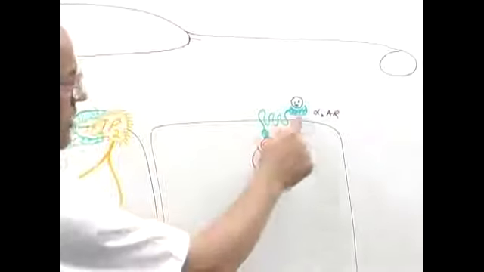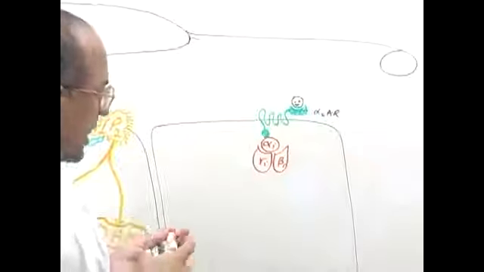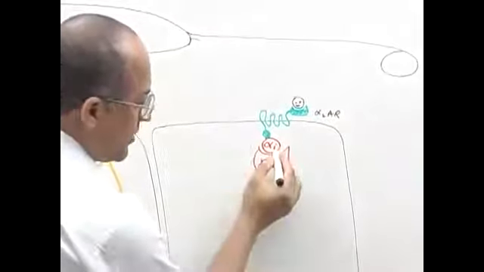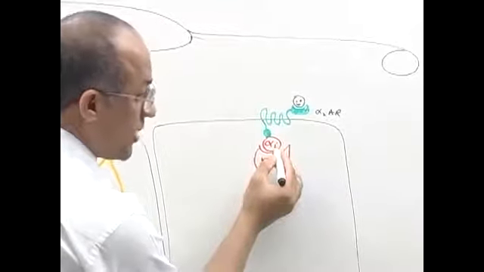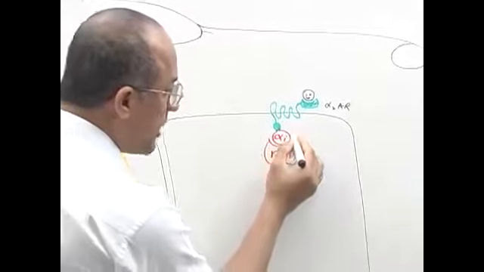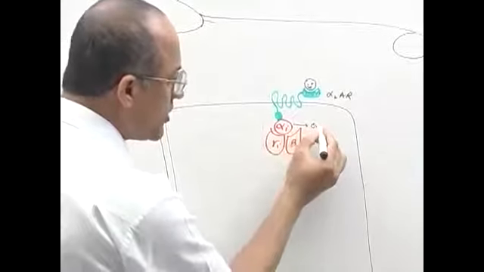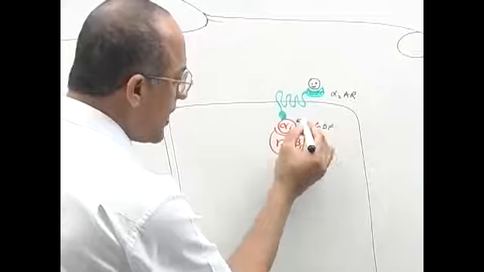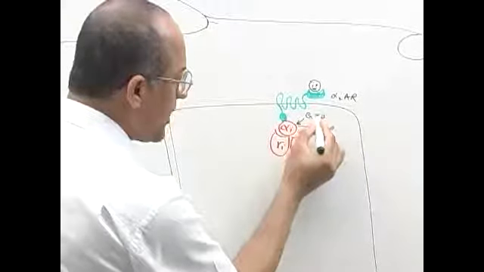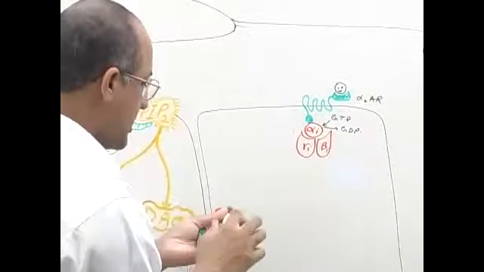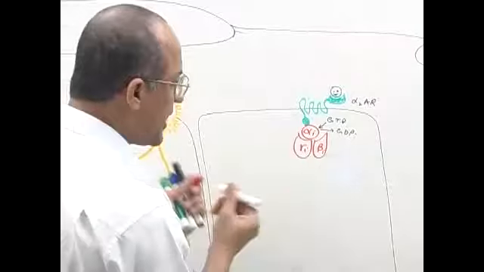So whenever the alpha-2 receptor is stimulated, the alpha inhibitory component of the G protein will lose the GDP and acquire the GTP, and now it will become energized and it will dissociate from its friends.